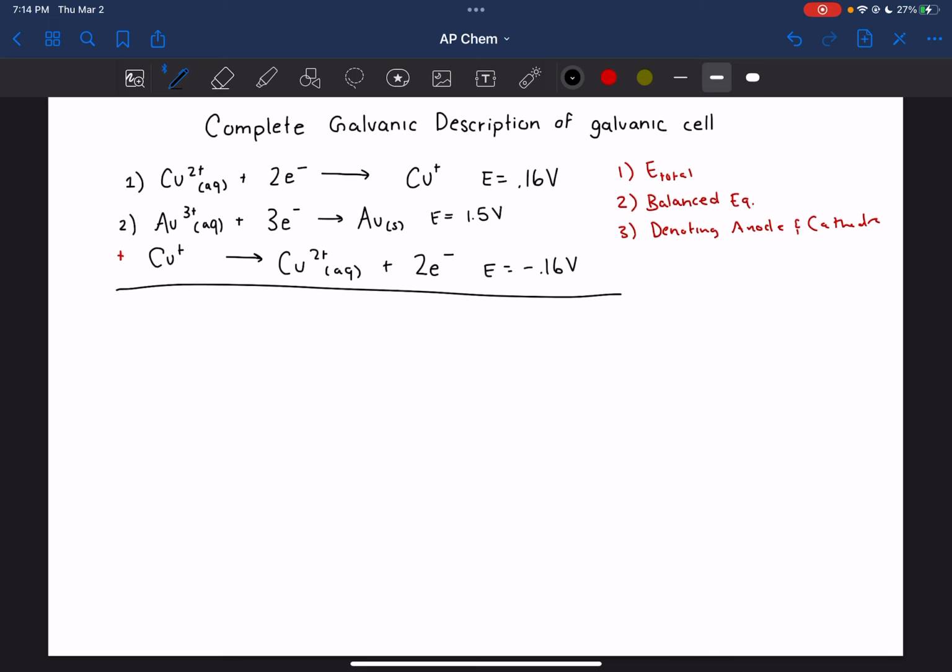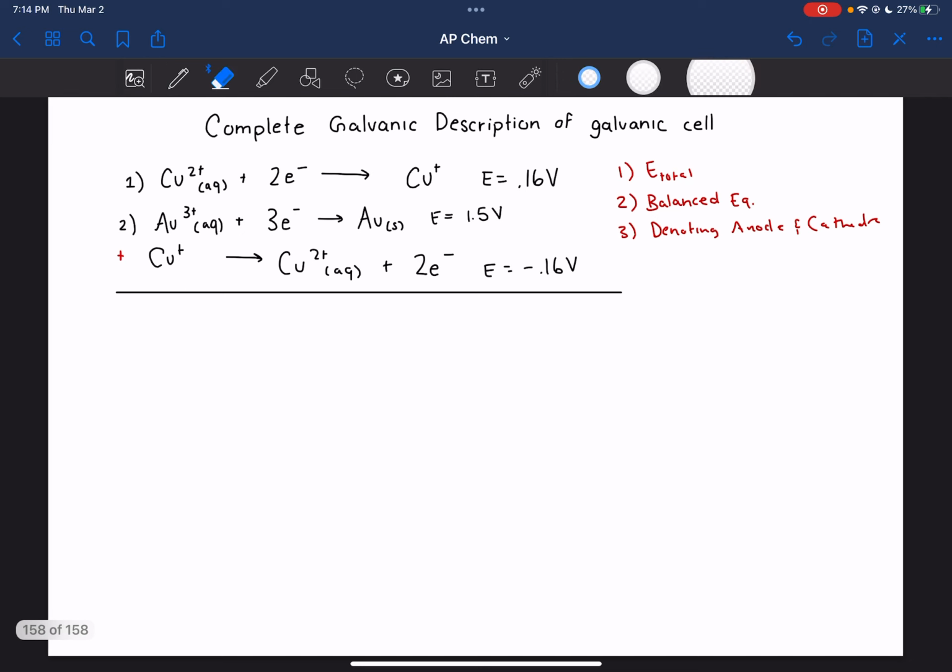When I look at this, I can see that Cu is going from Cu plus to Cu2 plus, which means that it's being oxidized. And when I look at Au3 plus, it's going from Au3 plus to Au0 as a solid element, so this is being reduced.